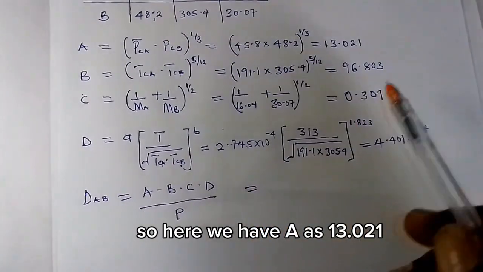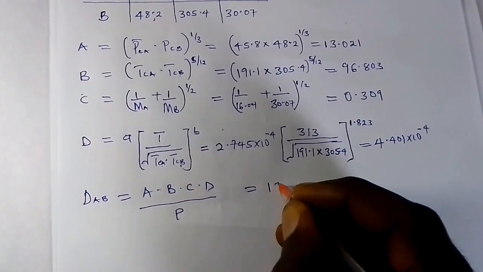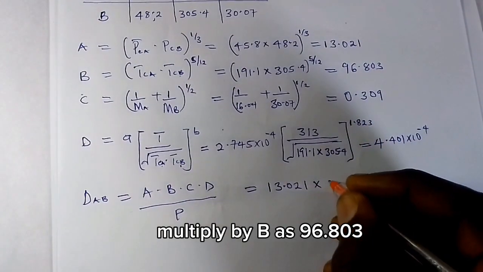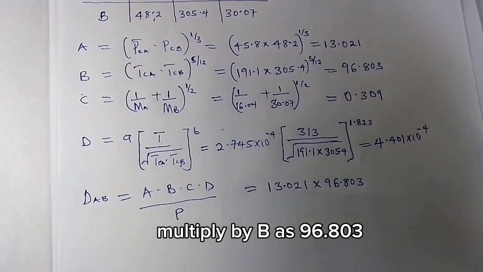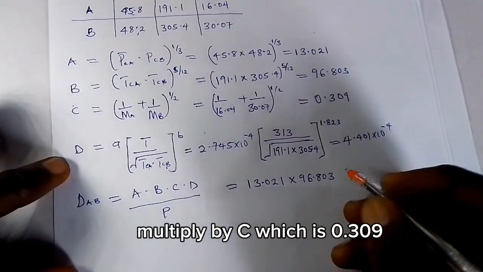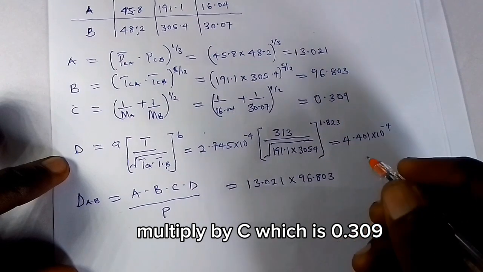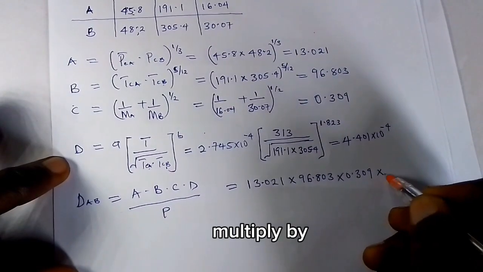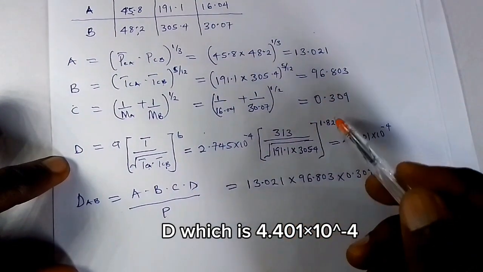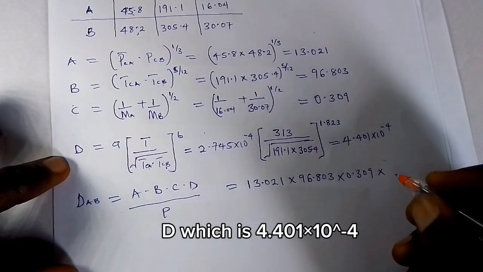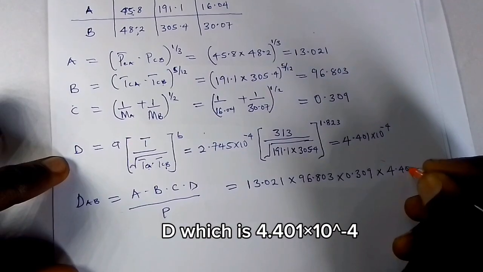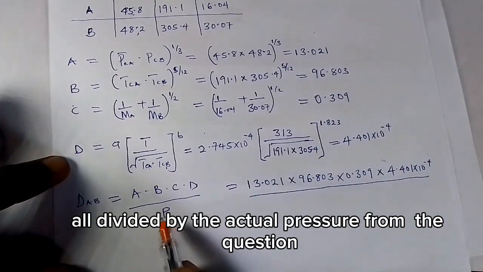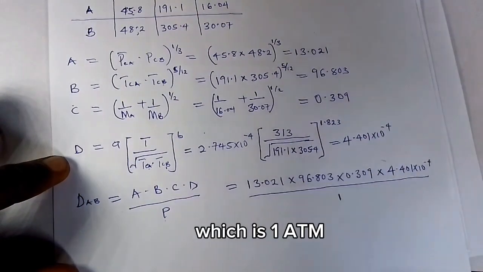So here we have A as 13.021 multiplied by B as 96.803 multiplied by C, which is 0.309, multiplied by D, which is 4.401 times 10 to the power of minus 4, all divided by the actual pressure from the question, which is 1 atm.